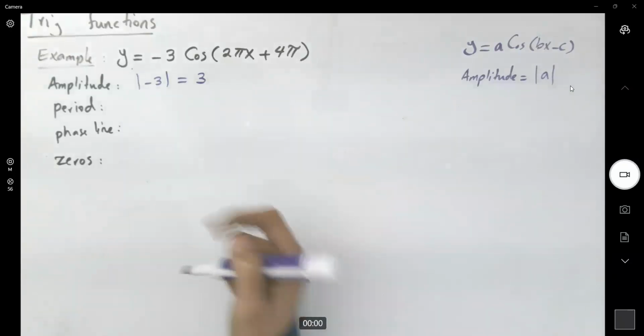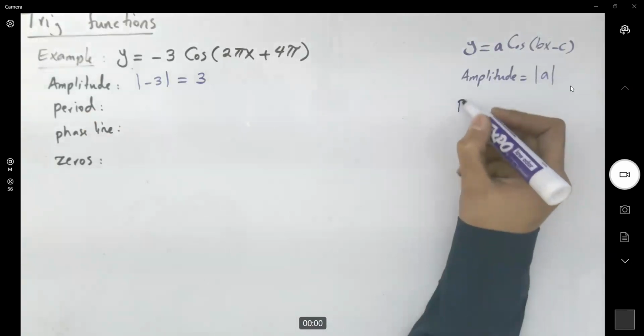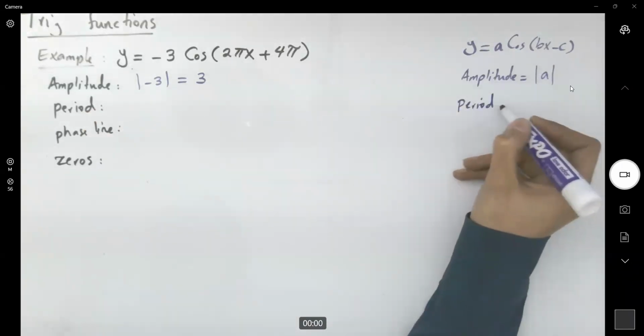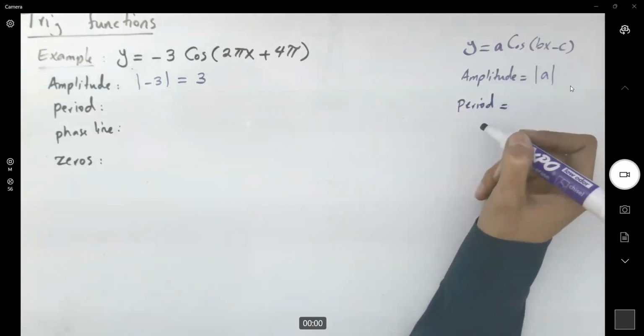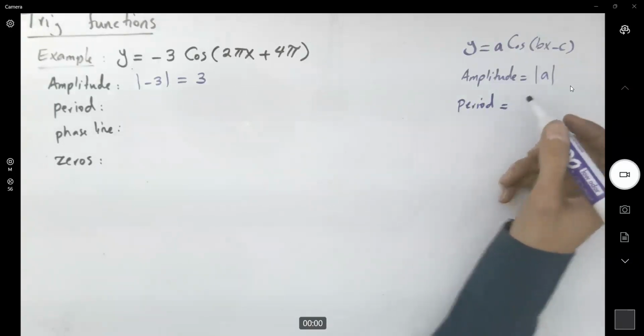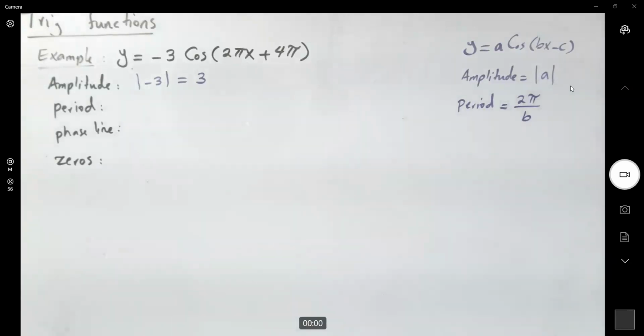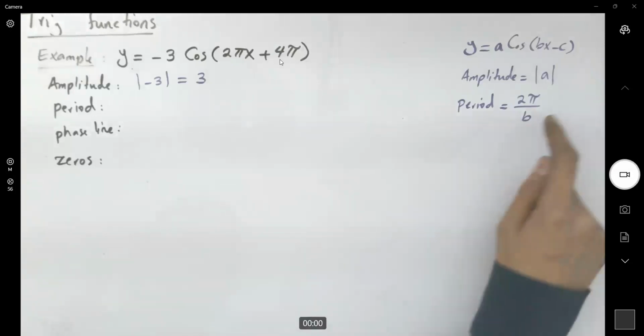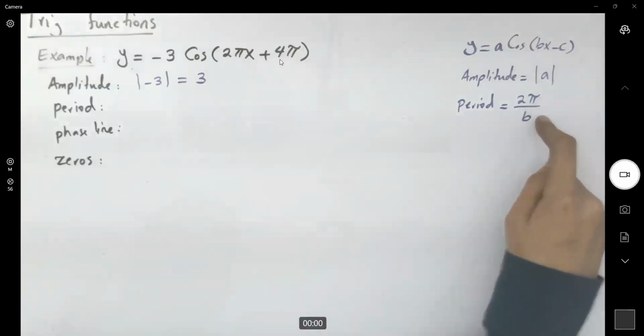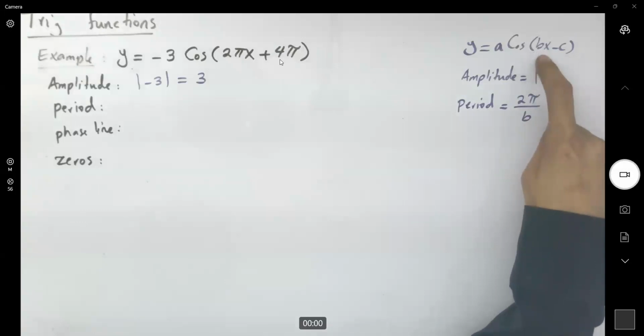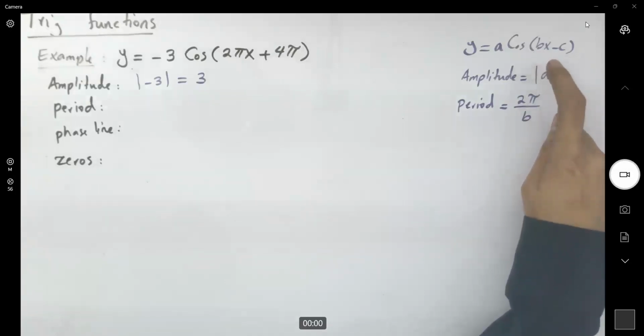Well, what is the period? The period, based on the definition, is equal to 2 pi over b. What is b? b is the coefficient of my x, am I right?